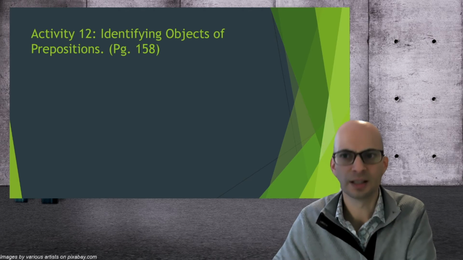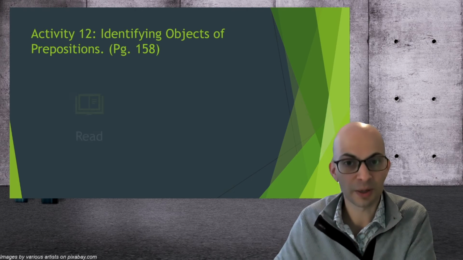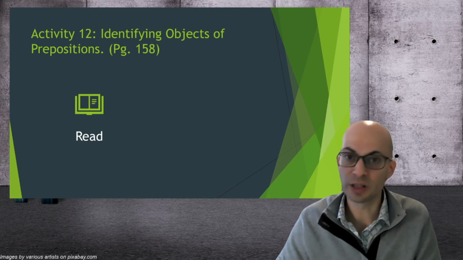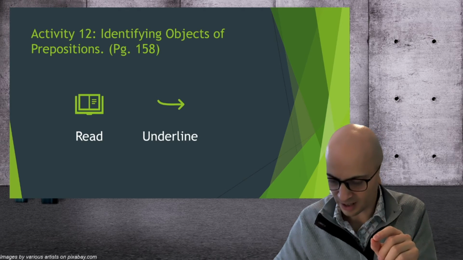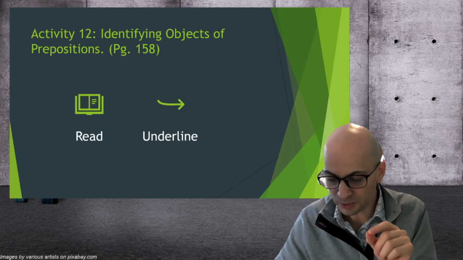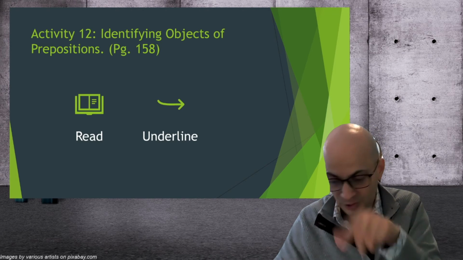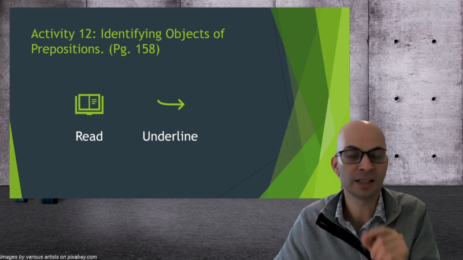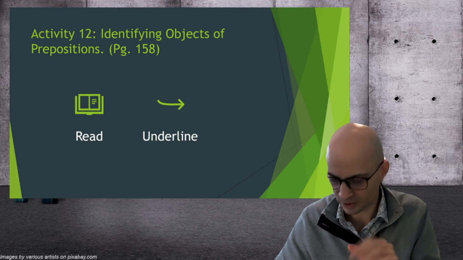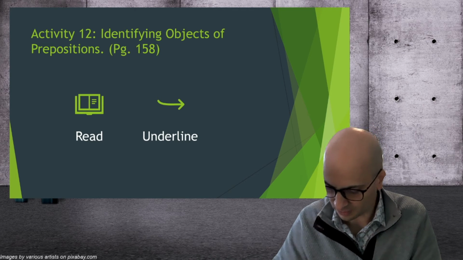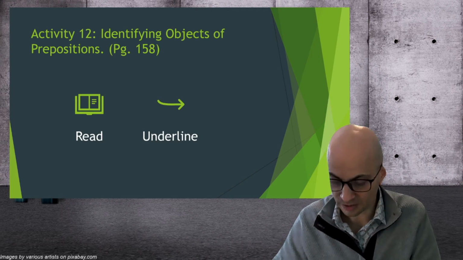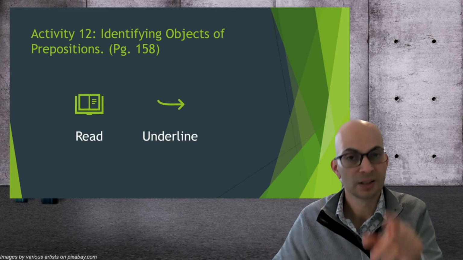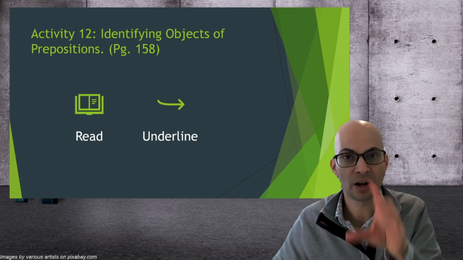So the first one in example paragraph 63 says, read the paragraph. Cool, no problem. Underline the objects, circle the objects of each preposition. Okay, that's pretty easy. I'll give you an example here on the first one. Even on the difficult work days, days is the object of that preposition.